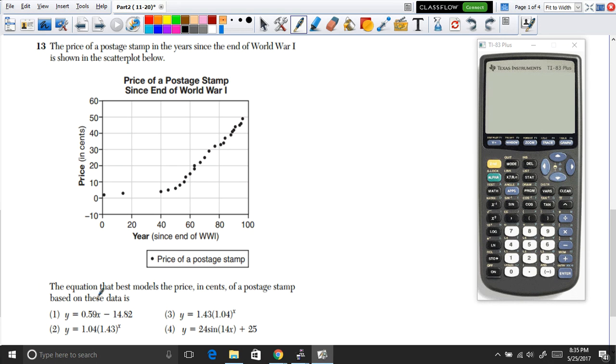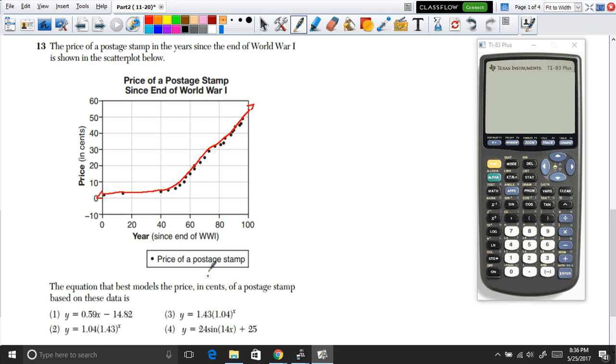It says, the equation that best models the price in cents of a postage stamp based on this data is which of the following? Well, let's see how this function behaves here. Notice that if you connect the points, you're going to have a function that moves like this. If you do the line of best fit, it's going to be something along those lines.